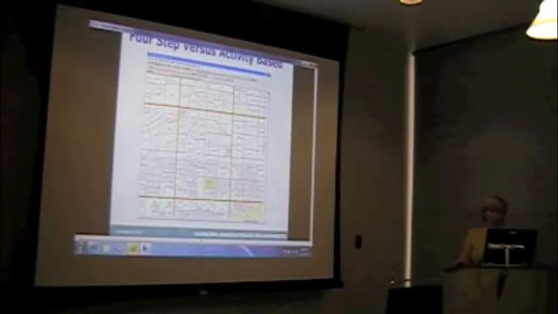Another difference between the two models is that activity-based models help planners answer policy questions. Like, if we want to figure out would people buy more green vehicles if they can travel alone on HOV lanes, a question like that cannot be answered with the first step model.